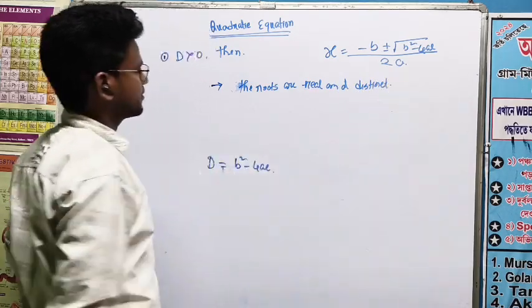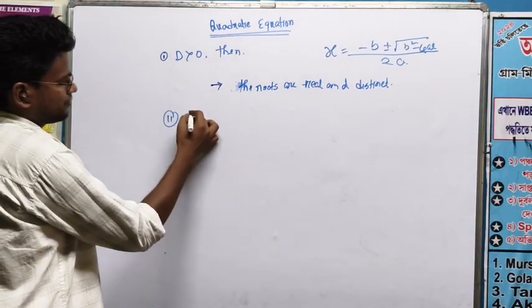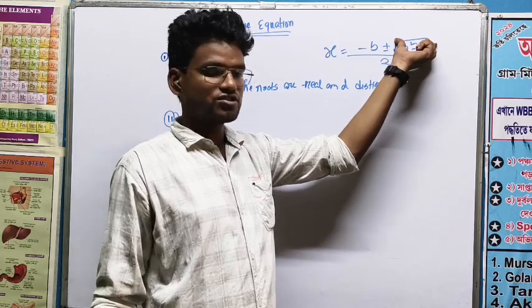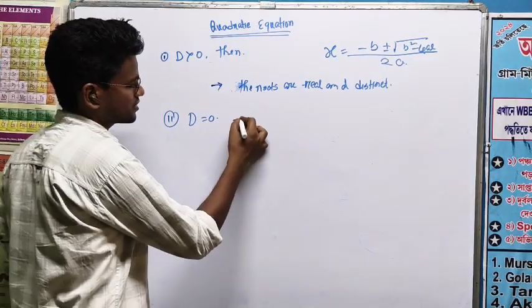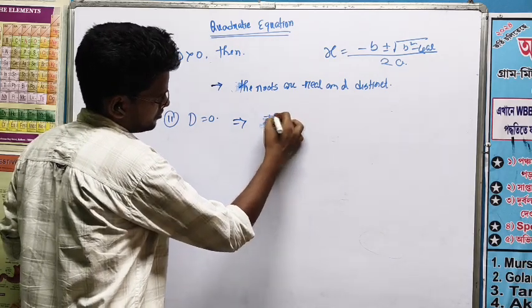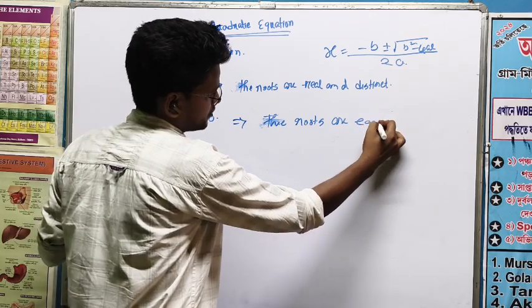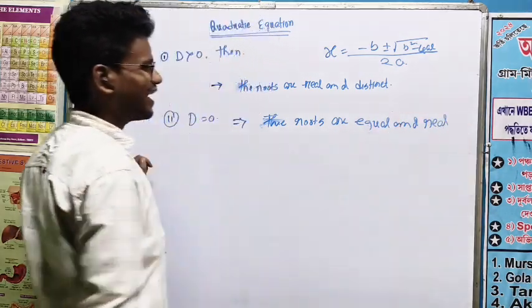Okay, and the next case is if D equals 0. If D equals 0, that means this term is 0, so the roots are real and equal.